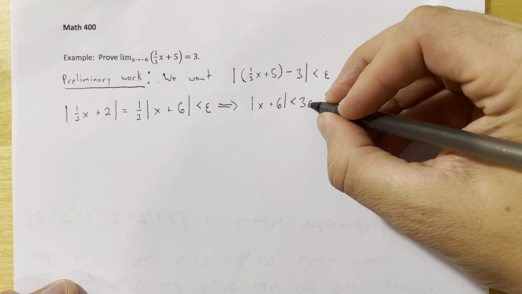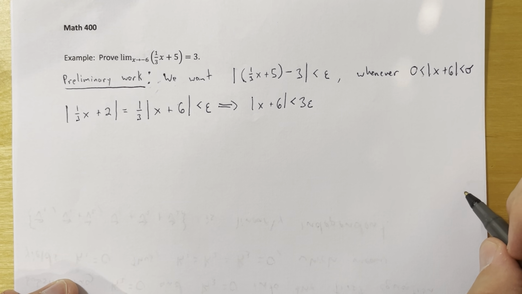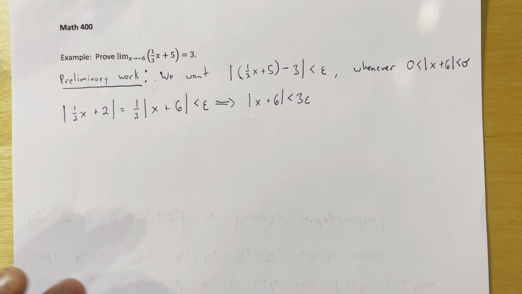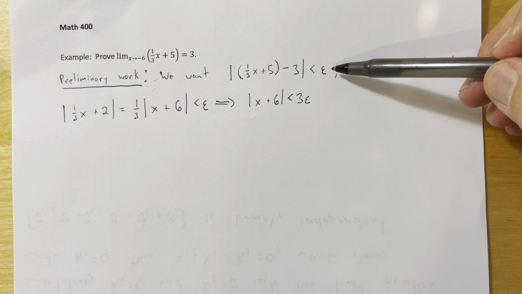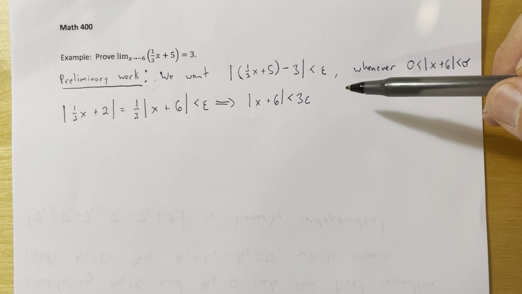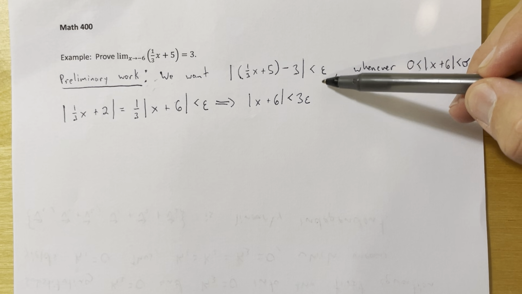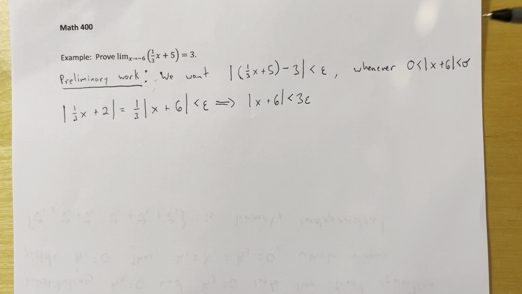Okay? This thing right here is what we're going to set delta equal to, and it reveals something about these problems. When we're doing a proof, one of these epsilon delta proofs, because we don't know what epsilon is equal to, we're kind of picking an arbitrary epsilon and we're not assigning a specific value to it.